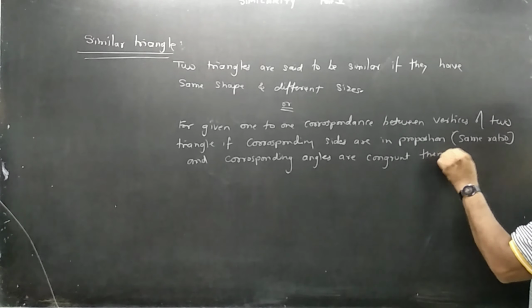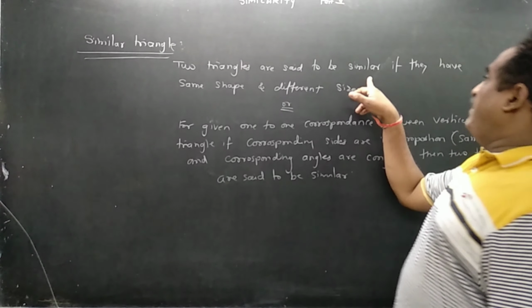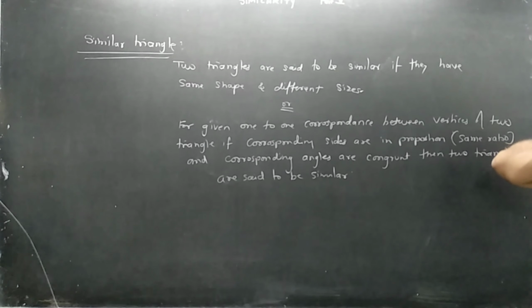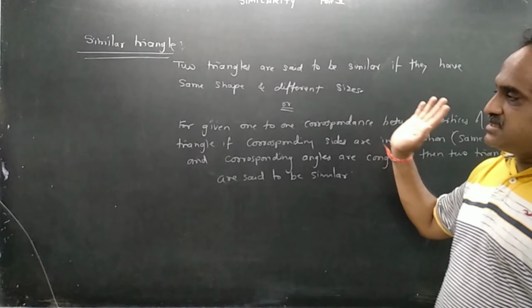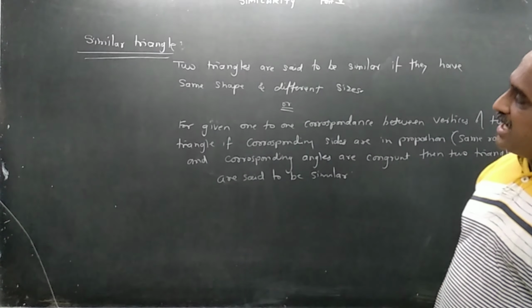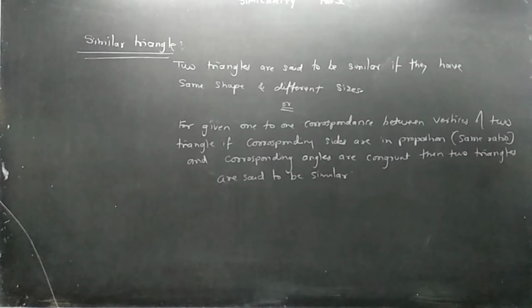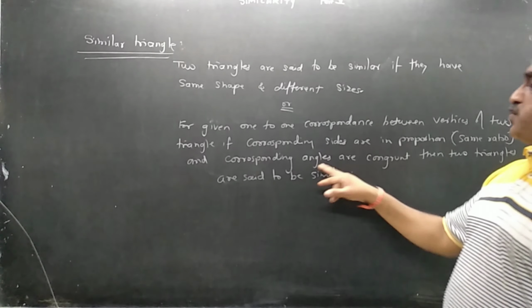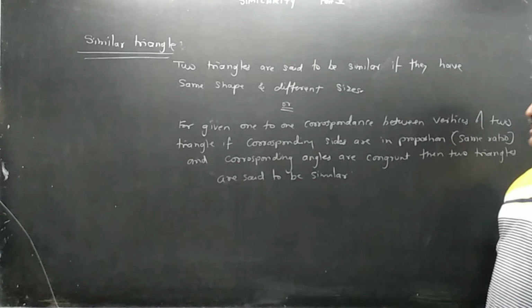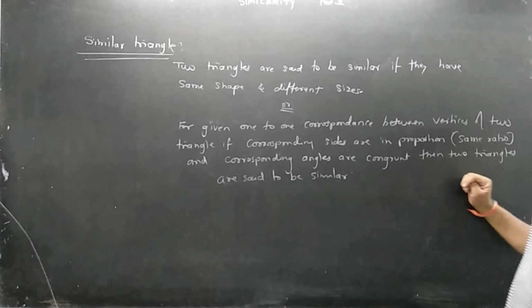Once again, the simple definition is that two triangles are similar if they have same shape but different sizes, or for a given one-to-one correspondence between vertices of two triangles, if the corresponding sides are in proportion, means same ratio, and corresponding angles are congruent, then the two triangles are said to be similar.